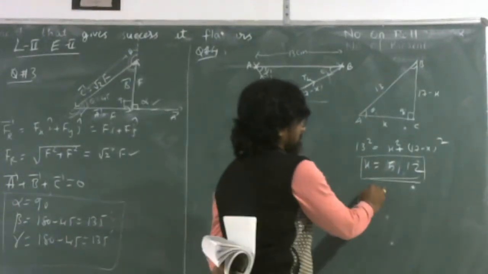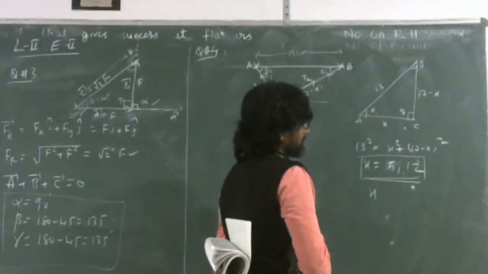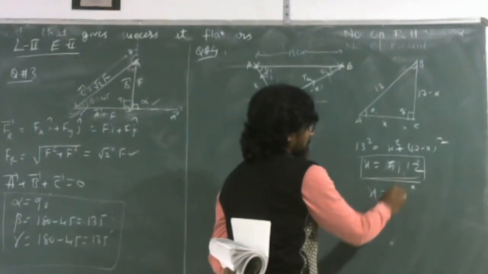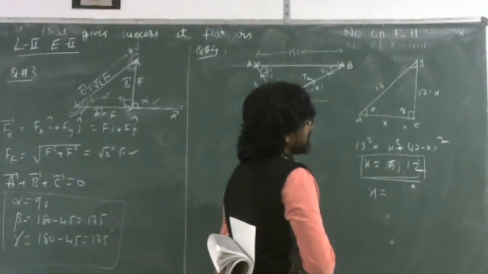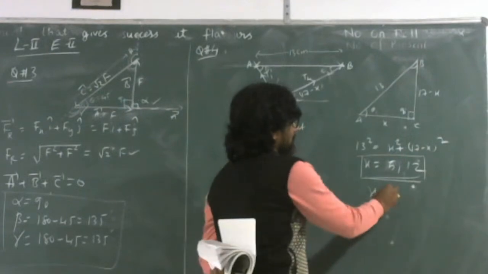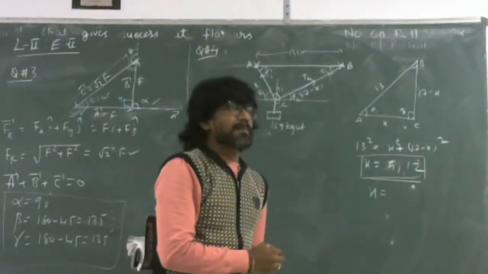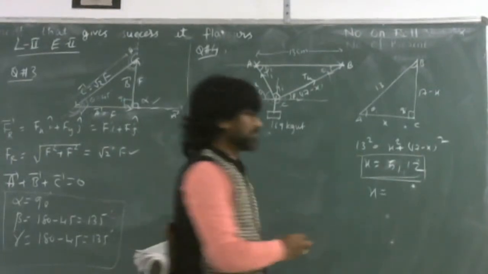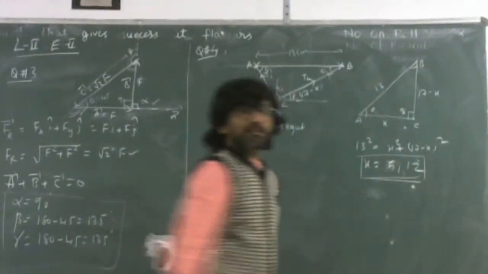Will you get 5 and 12, or 5 only? Both values will you get?